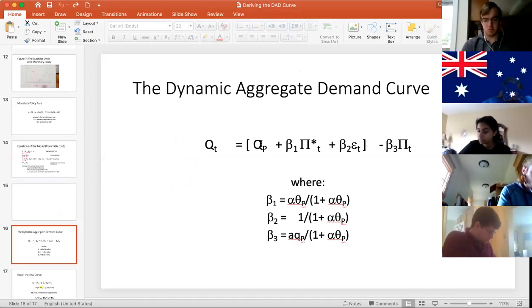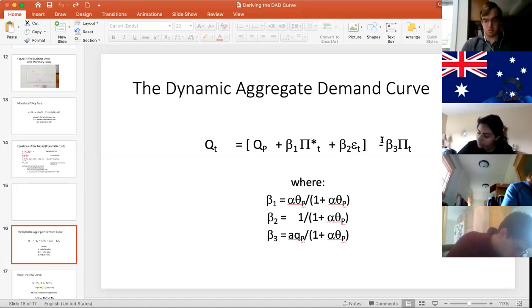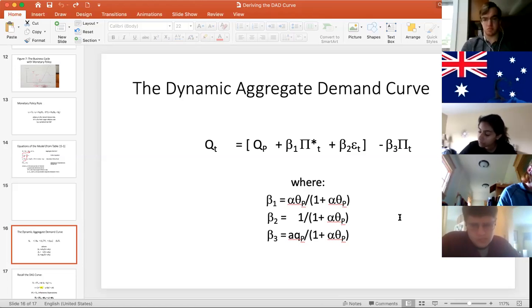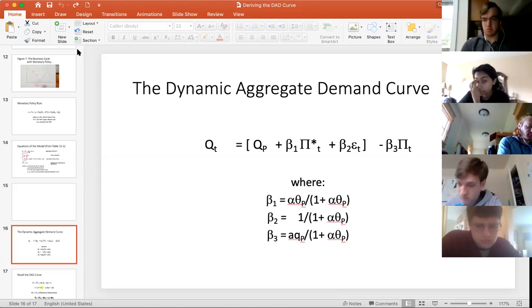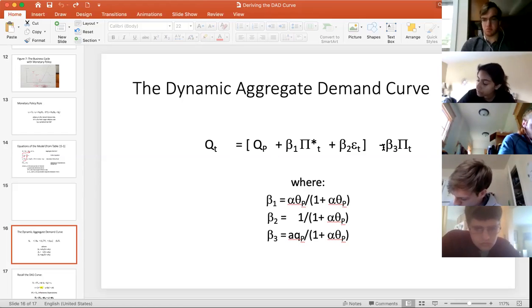Things to notice here. First, the coefficient on inflation is negative. What does that say about the dynamic aggregate demand curve on the graph? It's downward sloping. Correct. Our DAD curve is downward sloping, which is what we want it to be.